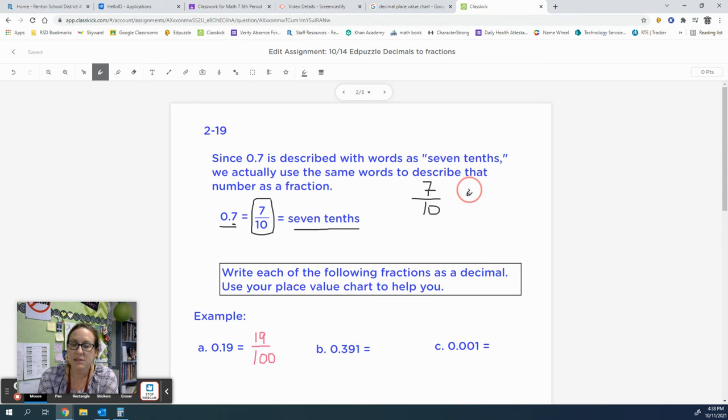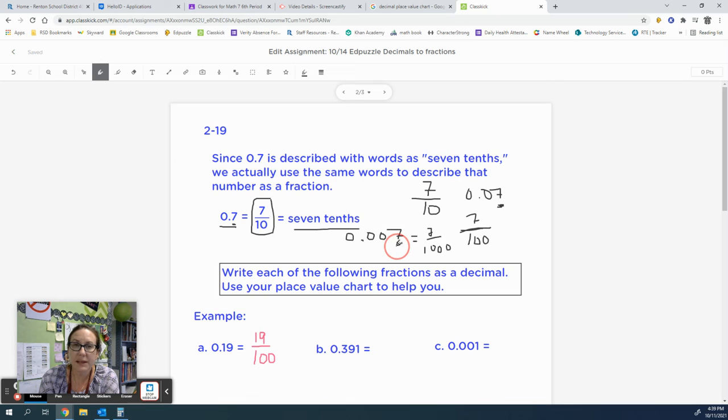If it was 0.07, that 7 is in the hundredths place, so it would be 7 over 100. Because the 7 is in the hundredths place, it would be over 100. If the 7 were in the thousandths place, then as a fraction it would be 7 over 1,000.